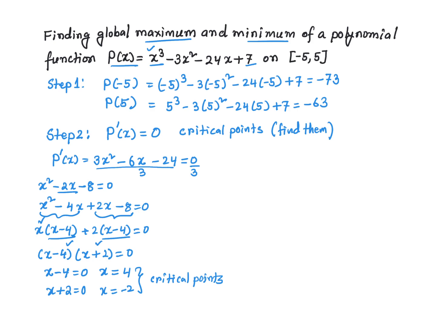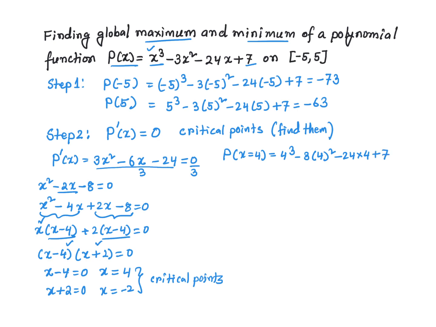Now what we need to do, we need to evaluate the polynomial function at these 2 points. So what am I going to get for p of x is equal to 4 is going to be 4 cubed minus 3 times 4 square minus 24 times 4 plus 7.